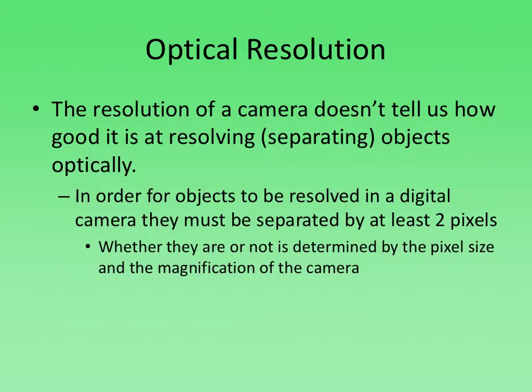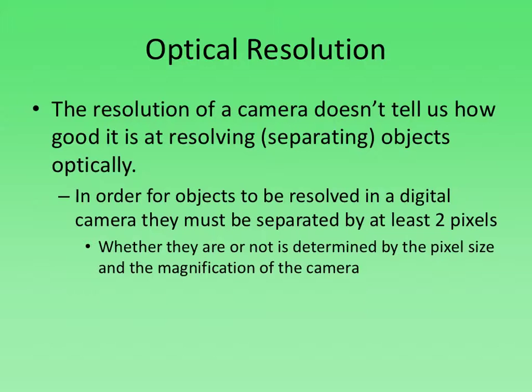But the resolution of the camera doesn't necessarily tell us how good it is at separating objects optically. And this has to do with the light shining on it and the lenses that are being used to focus that light. In order for objects to actually be resolved, what we find is that in a digital camera they have to be separated by at least 2 pixels between them. If there's less than 2 pixels between 2 objects, then you will not be able to discern them as 2 separate things.